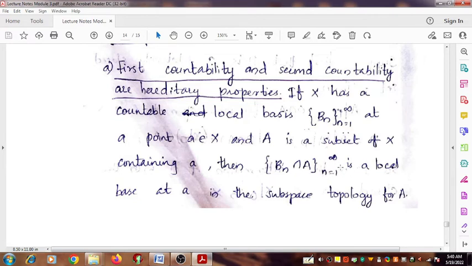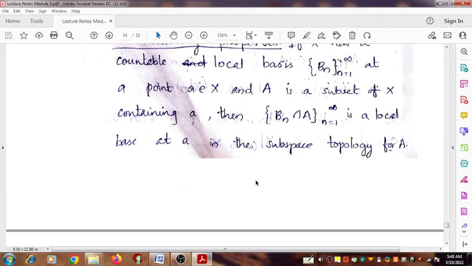We can show that this collection acts as a local basis at the point a in the subspace topology of A.